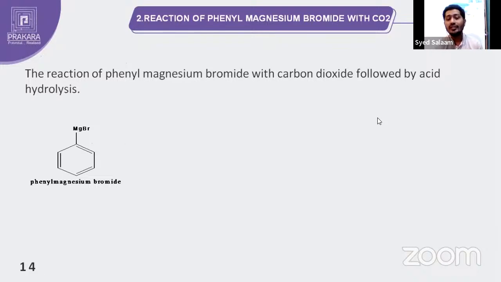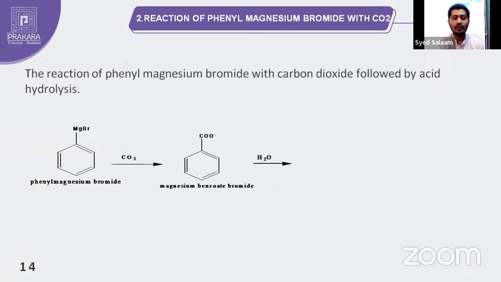When we react this phenyl magnesium bromide with carbon dioxide, we are doing the carboxylation and forming a magnesium benzoate bromide moiety, which on reaction with water gives us benzoic acid. So this is one of the methods of preparation by the Grignard reagent.